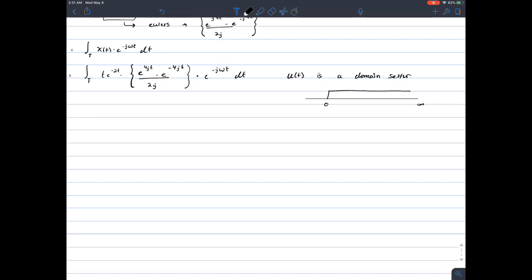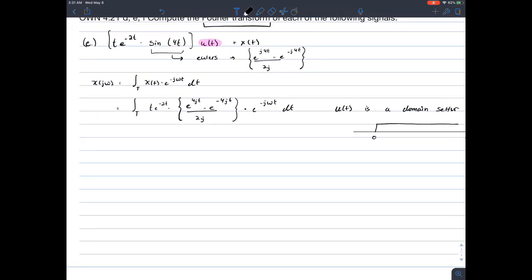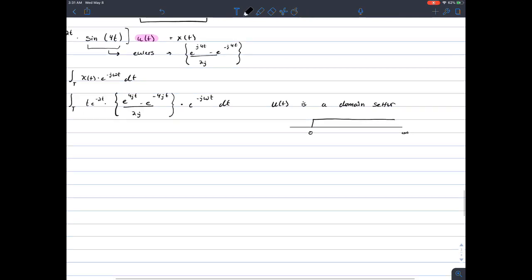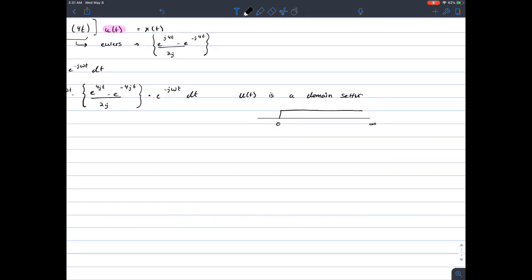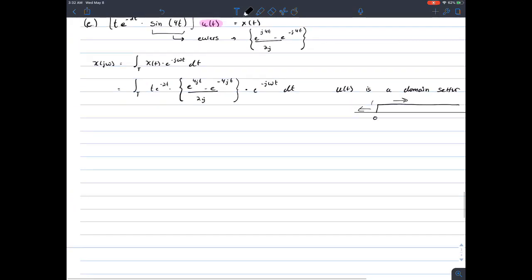It goes like this. Since everything else in x(t) is multiplied by that, anything this way of it equals 0, and anything this way of it is just multiplied by 1. So that sets the domain 0 to infinity. So that's what is going to be put into our integral for the domain. So let's just go ahead and make that 0 to infinity.